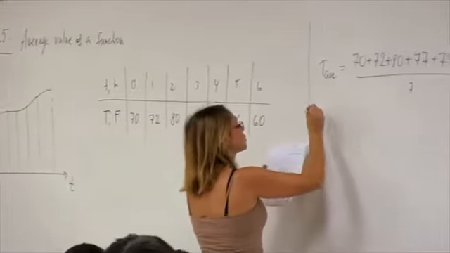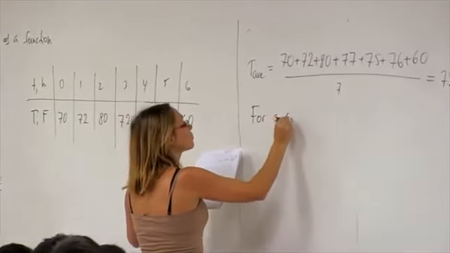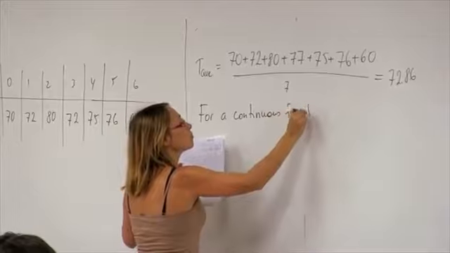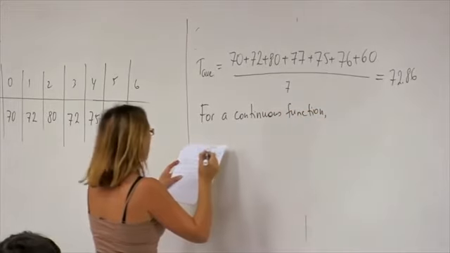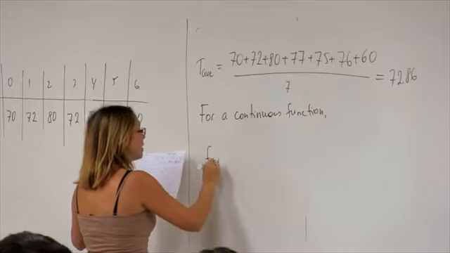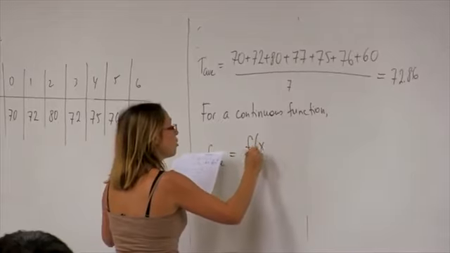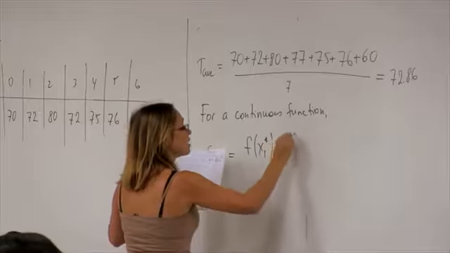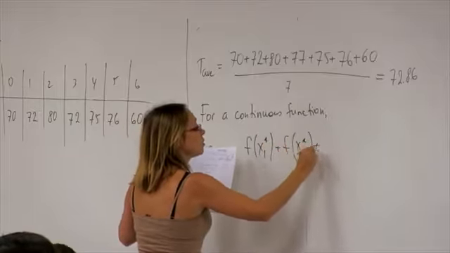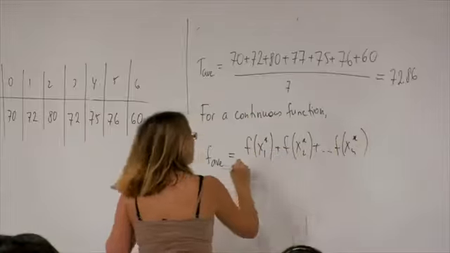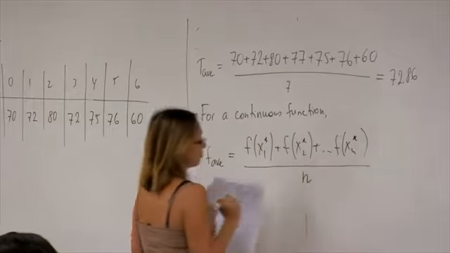So for a continuous function, we are going to say that f average is going to be equal to f of x1 plus f of x2 and so on, f of xn divided by n.